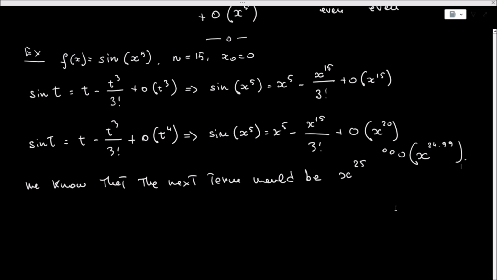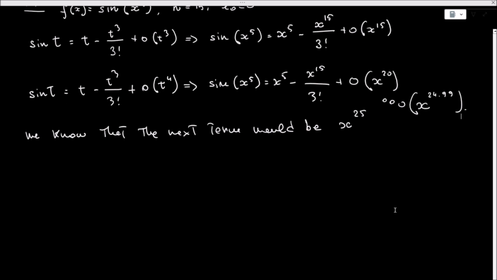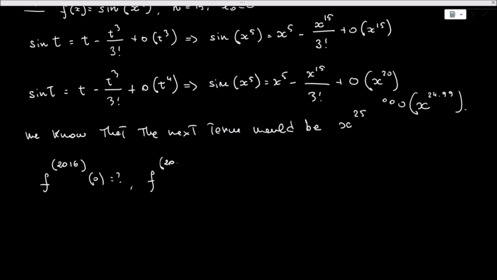Now, we would like to use this expansion also to solve a similar problem about the derivative. Okay, so let's say that we would like to find the derivative of f of order 2016 in 0, and of order 2015 in 0.